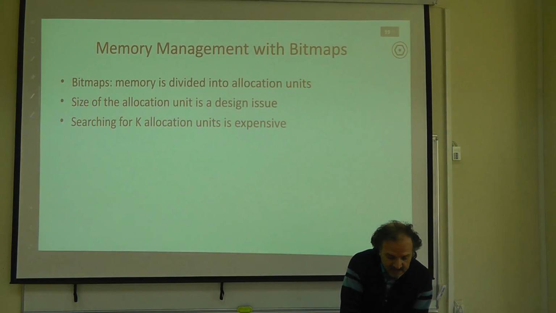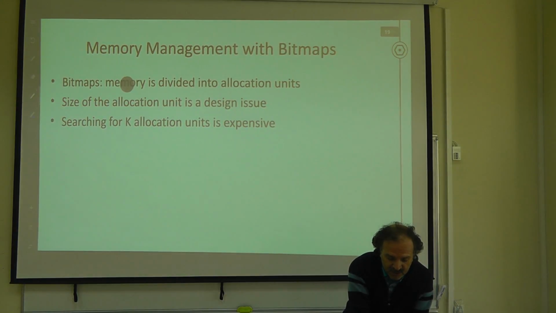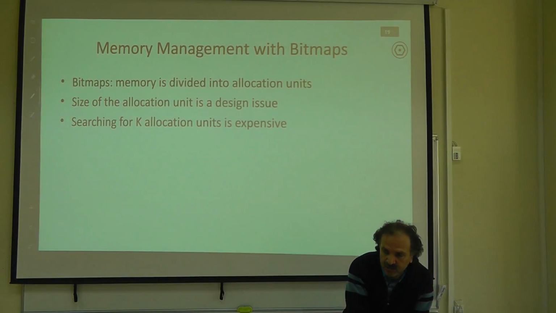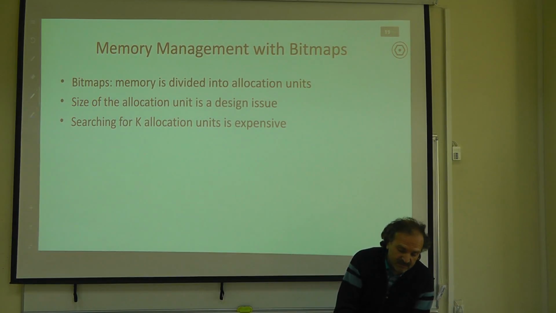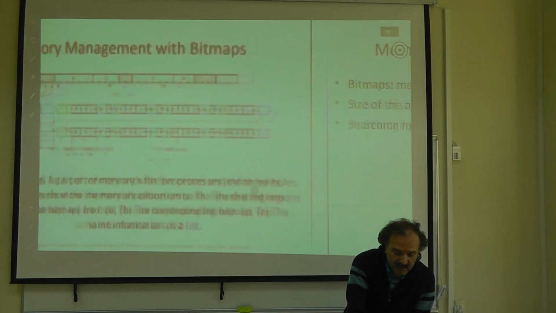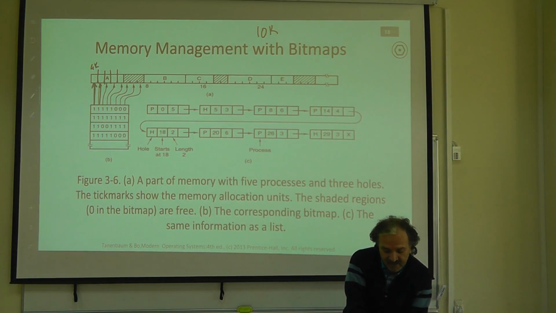Okay, so that's the problem. With bitmaps, memory is divided into allocation units, and the size of the allocation unit is a design issue. If it is large, what is the problem with it being large? If it is large, then some of it might be wasted, and if it is small, then my bitmap table would be very large, because there would be many allocation units.